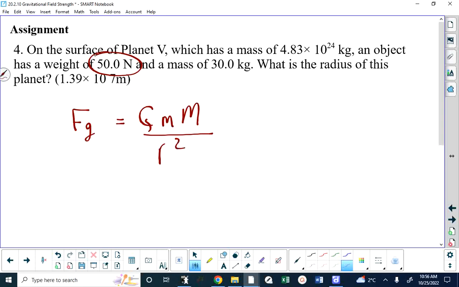So we could have just put everything into Newton's universal law of gravitation. And again, the reason why that works is if you rearrange this equation for Fg over test mass, you get this statement. And that's what we did, right? We used this to calculate g, and we put the number here, and then we solve for r.